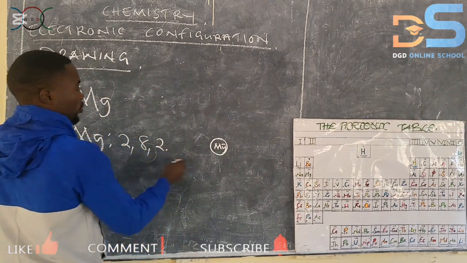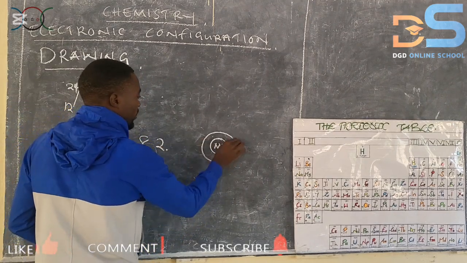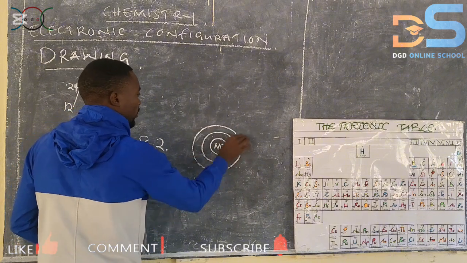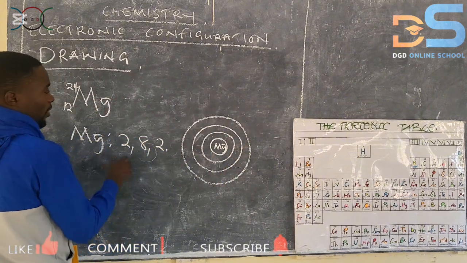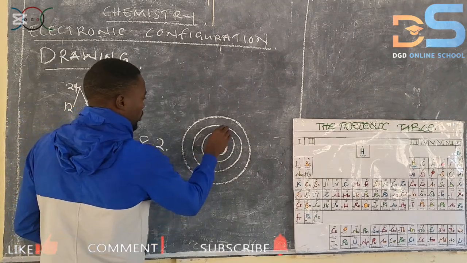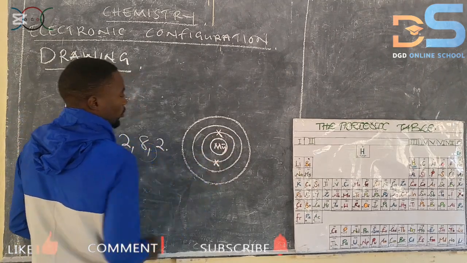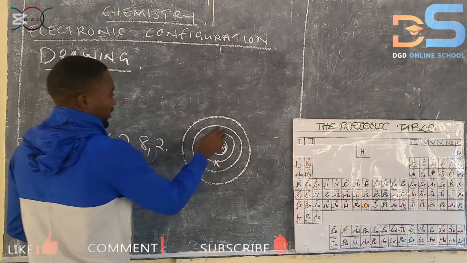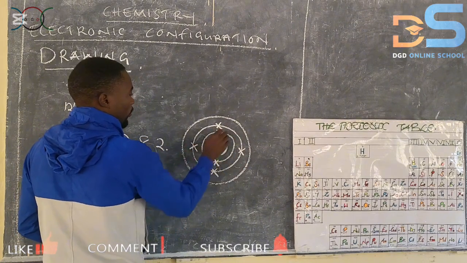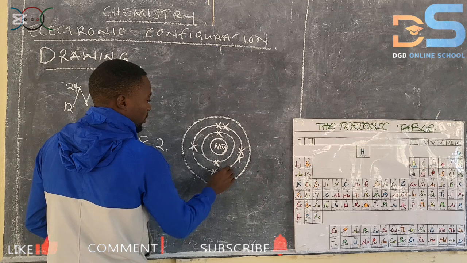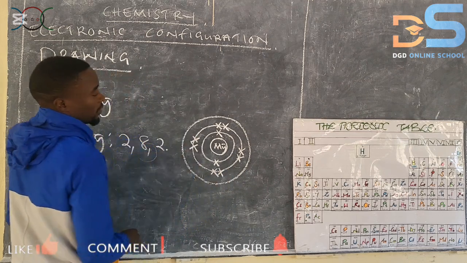Then how many shells do we have? 3 shells. So we are going to have the first shell, the second shell, and the third shell. In the first shell, how many electrons are there? 2 electrons, so this is 1, 2. In the second shell we have 8: 1, 2, 3, 4, 5, 6, 7, 8.